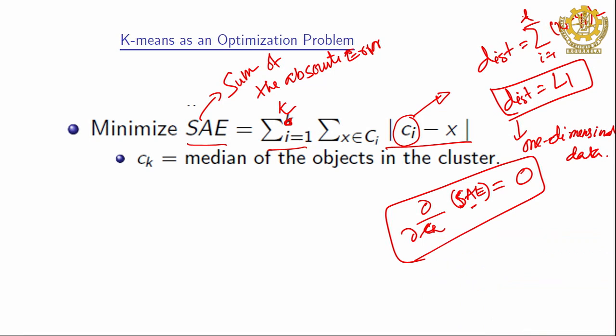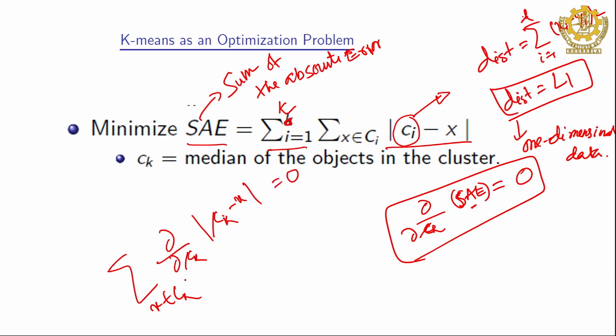So, in the same way, we write the derivative with respect to c_k of the summation over x belonging to cluster C_k of |c_k minus x|, and this should be 0.